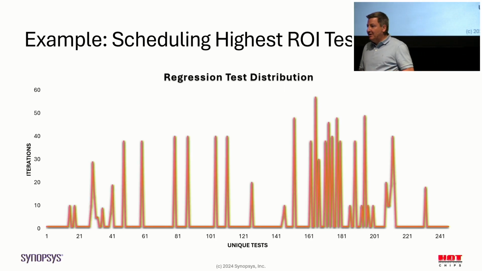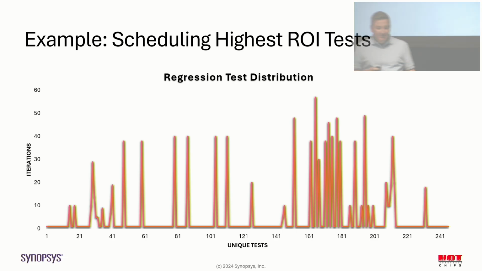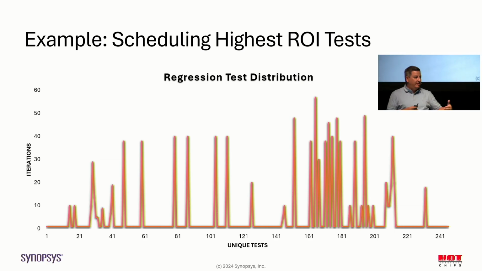In the interest of time, I picked regression because I think this is very, very interesting. This is an existing regression that was run as part of an experiment where nearly 250 or so unique tests are run with a variety of different seeds to achieve a coverage outcome. You can see the unique tests on the y-axis, the seeds on the x-axis, so the combination of the two results in several thousands of tests.